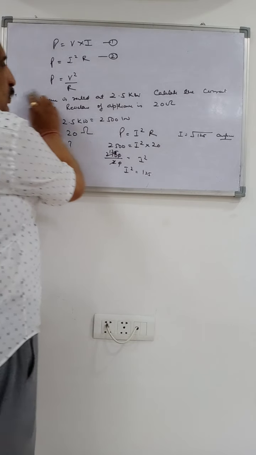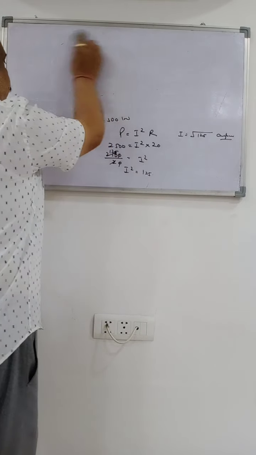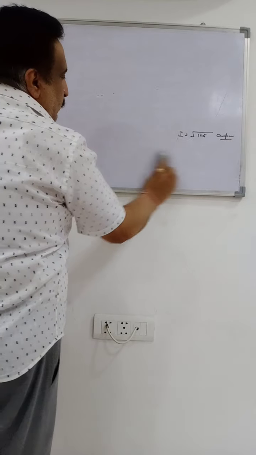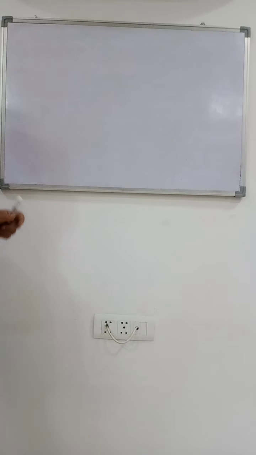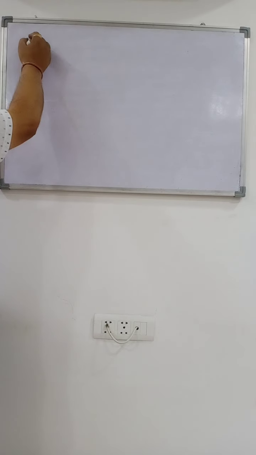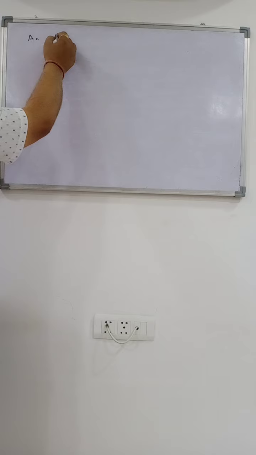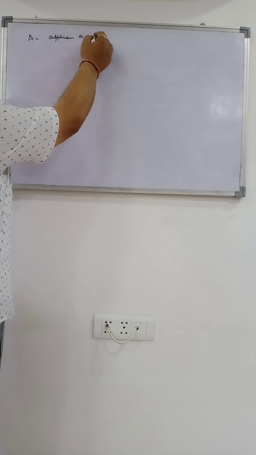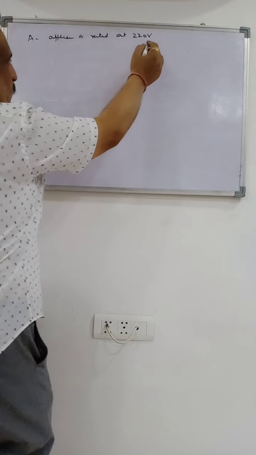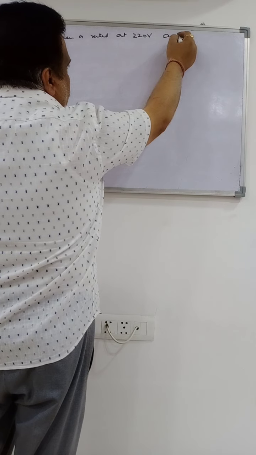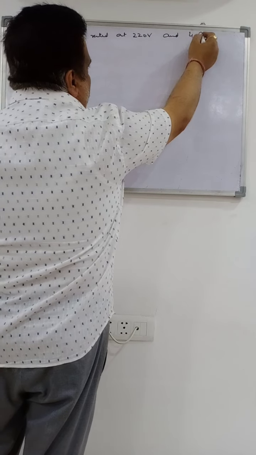Second question for today's class: an appliance is rated at 220 volts and 4 ohms.